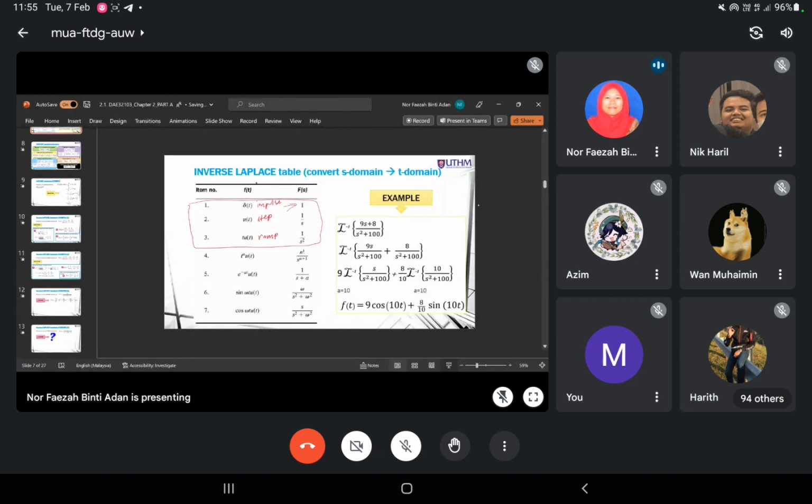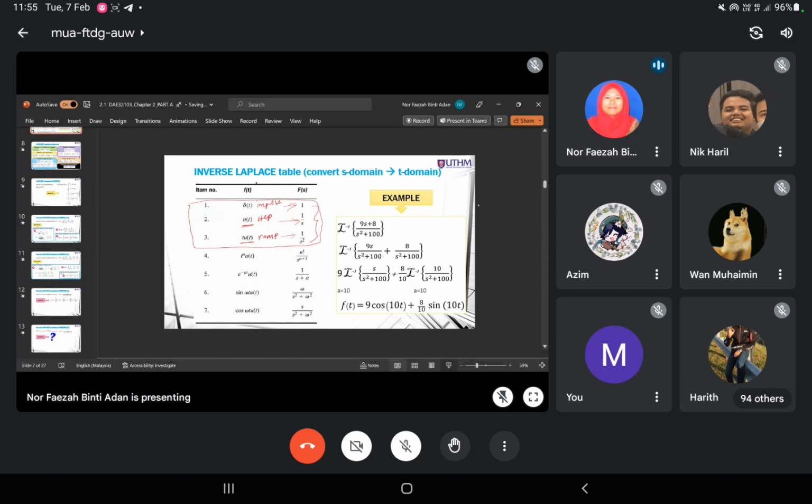For a step input, the time domain equation is ut, and when you convert to the S domain it becomes 1 over S. For the ramp, the time domain is t ut. The t and the t in brackets are not the same; the t in brackets shows it is a function of time, so don't get confused. When converted into the S domain it becomes 1 over S squared.